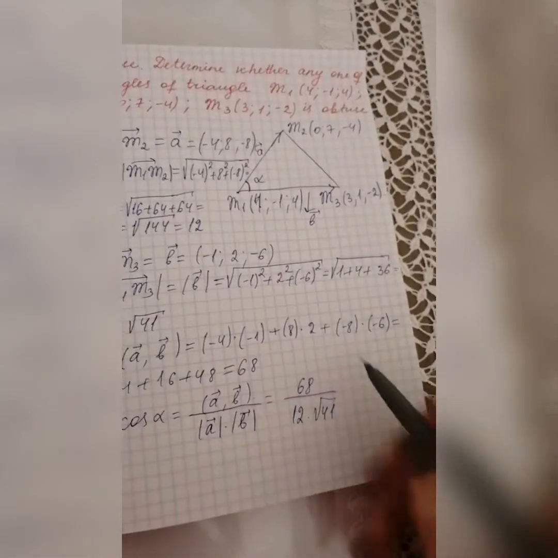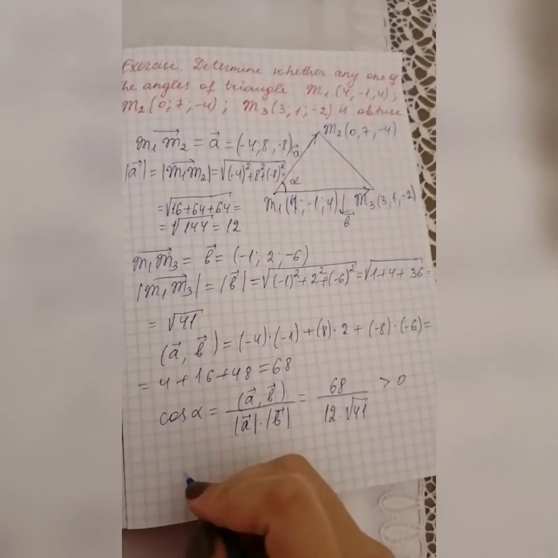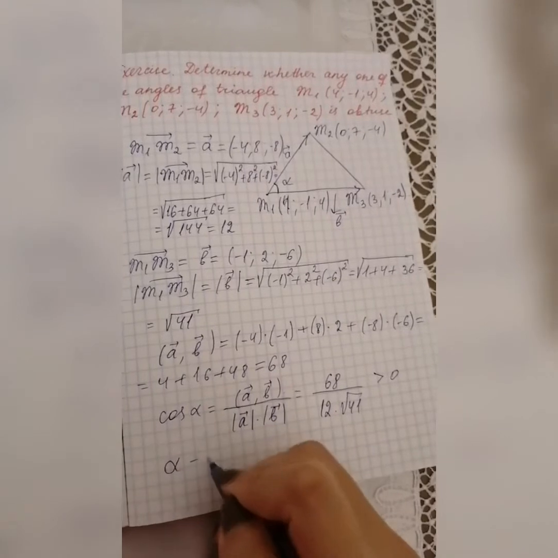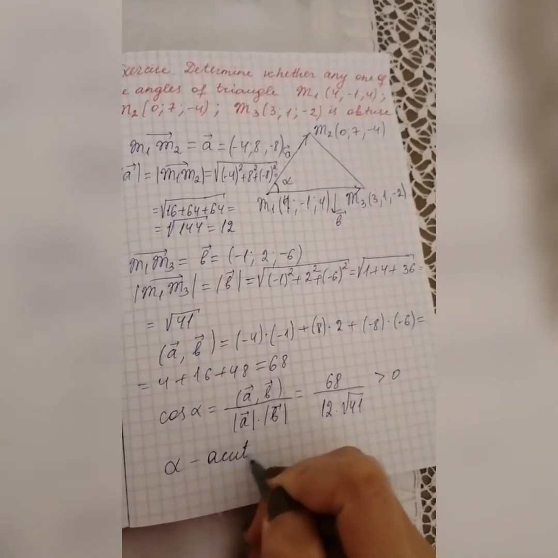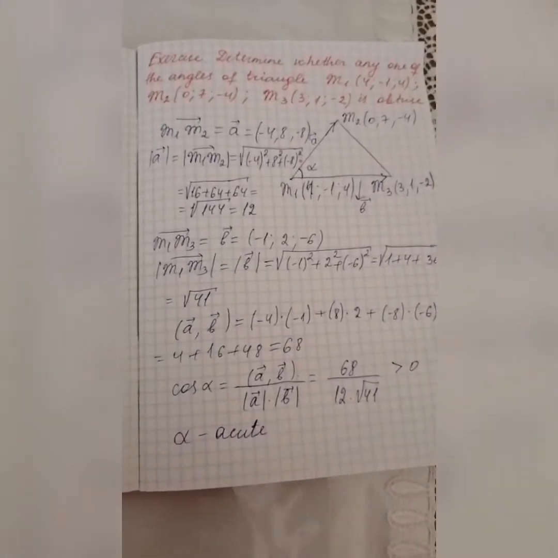Cosine alpha is greater than 0, so this angle is an acute angle. An acute angle is an angle that has less than 90 degrees. And let's continue.